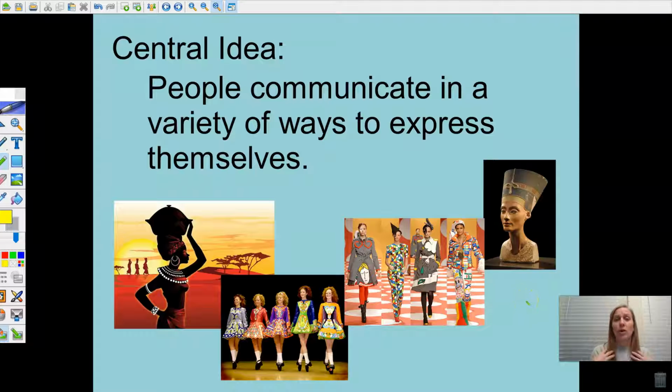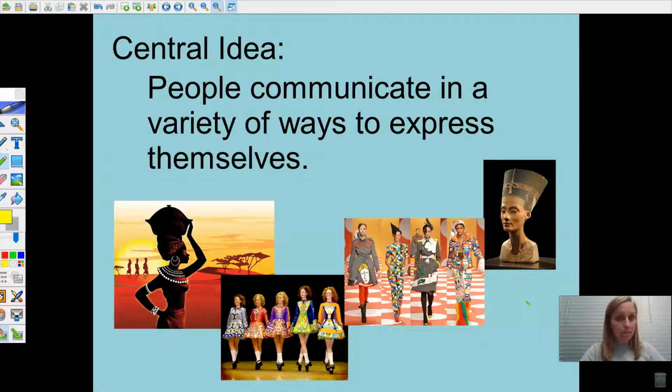Expressing yourself is a way of showing who you are. Maybe showing what you like, showing what you're interested in, what you care about, showing maybe what you look like. Those are all ways to express who you are. So me expressing who Miss Mitchell is would be expressing maybe the types of foods that I like, the kinds of dance I like to do, languages that I speak. That's a way for me to express who I am.